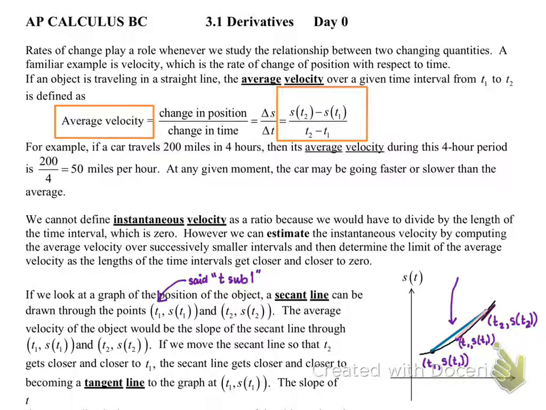Now, it's t sub 1 that is moving closer and closer to t sub 2. Oh gosh, that wasn't a very good arrow. Just pretend that was an arrow.